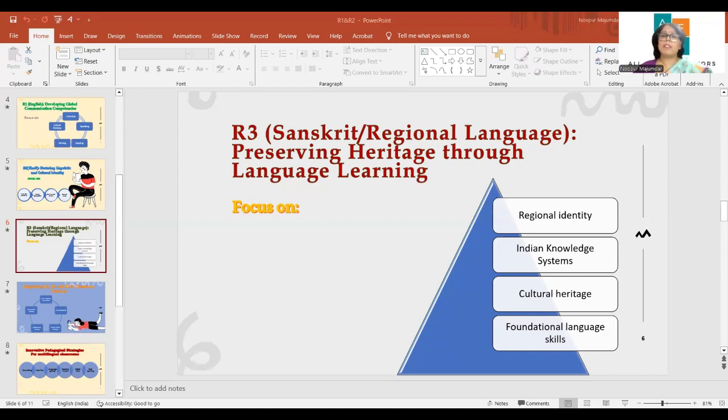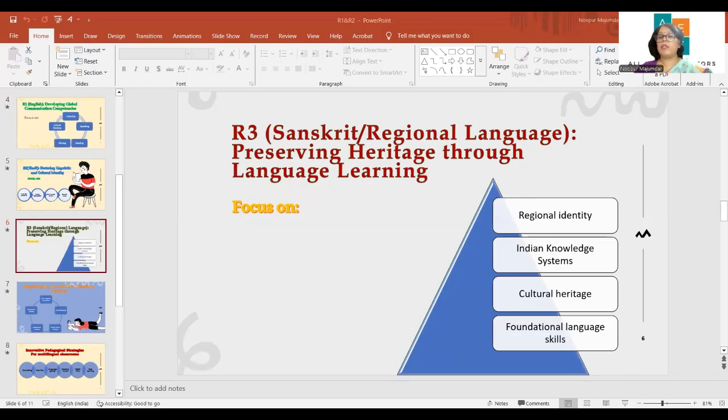Now, let's discuss the third focus area, the Indian knowledge system. As per NEP 2020, it highlights the importance of exposing learners to India's intellectual tradition through language. Right? With language, we are able to explore a lot of things. Students become familiar with ideas from classical literature.